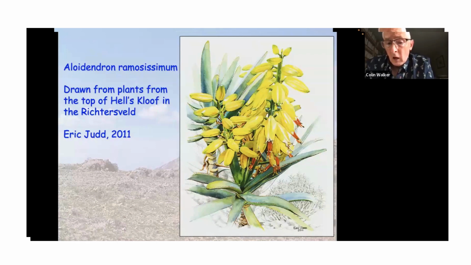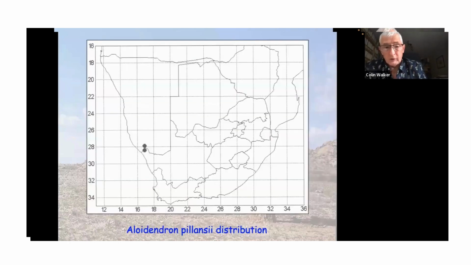So again, like dichotomum, we have yellow flowers. All right, Aloidendron pillansii. This has got an even narrower distribution than the two we've already discussed. So it occurs in the Richtersveld in South Africa and southern Namibia.